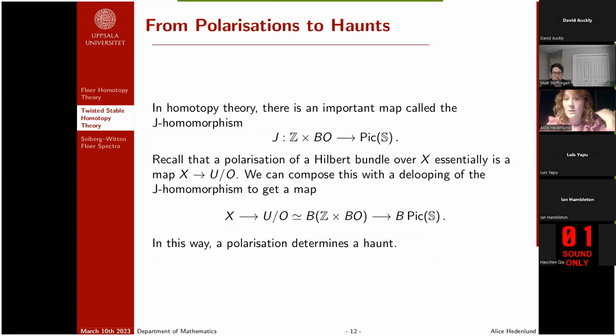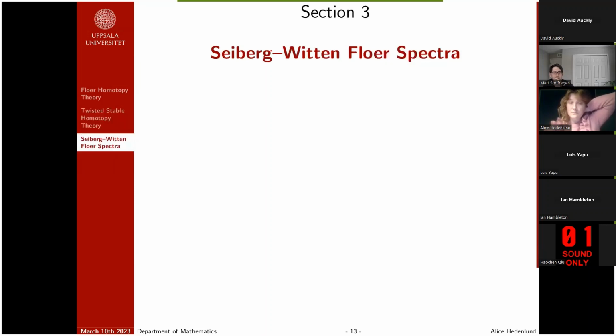And if you have some Floer data that determines a non-trivial polarization, then the corresponding stable homotopy type that you would construct from this data would be just a section of that haunt. So you need to take this twist coming from the polarization into consideration.